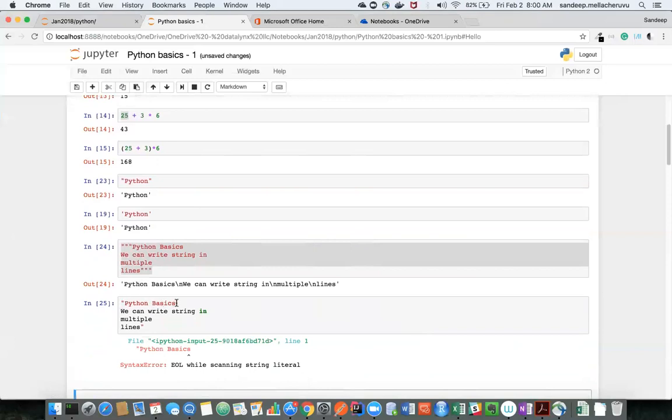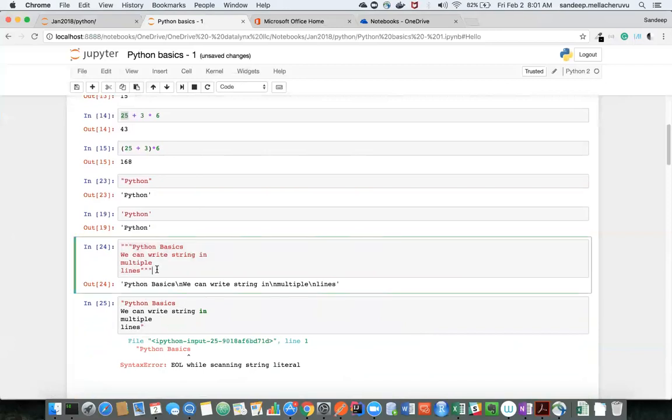It is trying to scan the string, it encountered an end of line, but it did not see the ending quote. If it did not see the ending quote and it is a single quote, it will say that it cannot process that string. So any multi-line strings, you have to enclose with 3 double quotes.